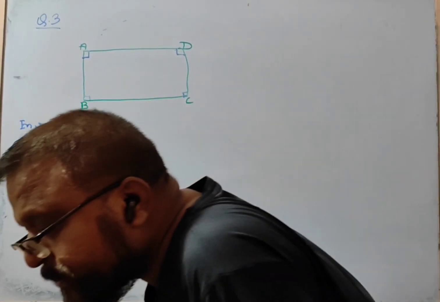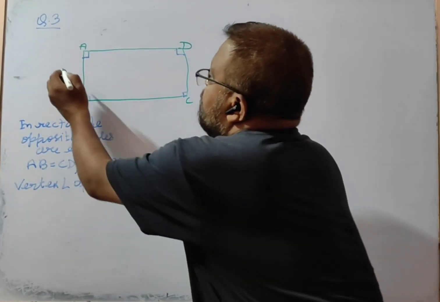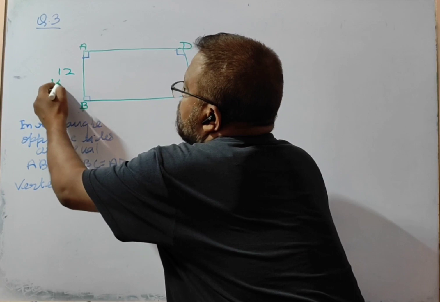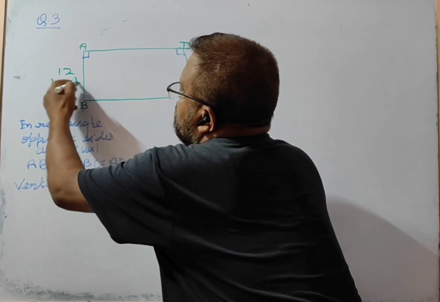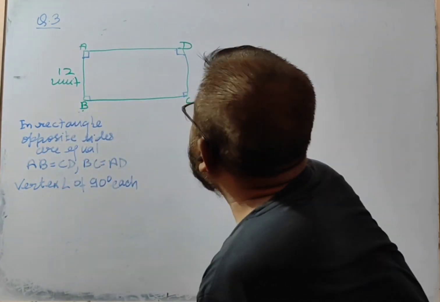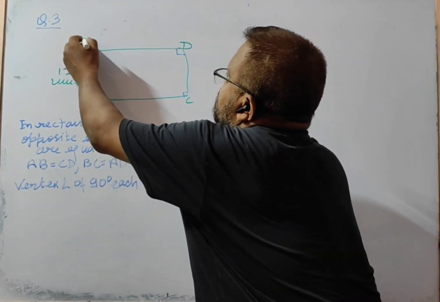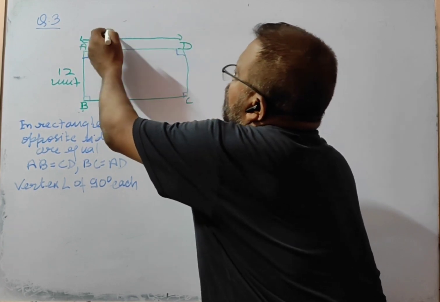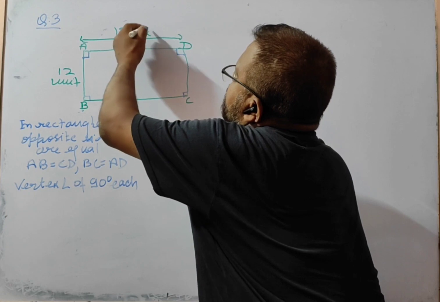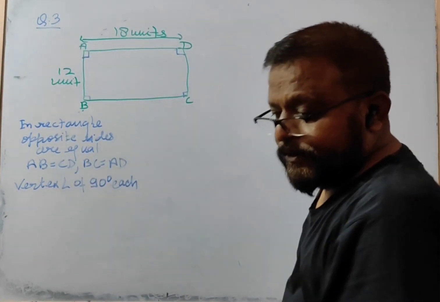AB is 12 units, and AD is 18 units, right? 18 units, and this is 12 units.